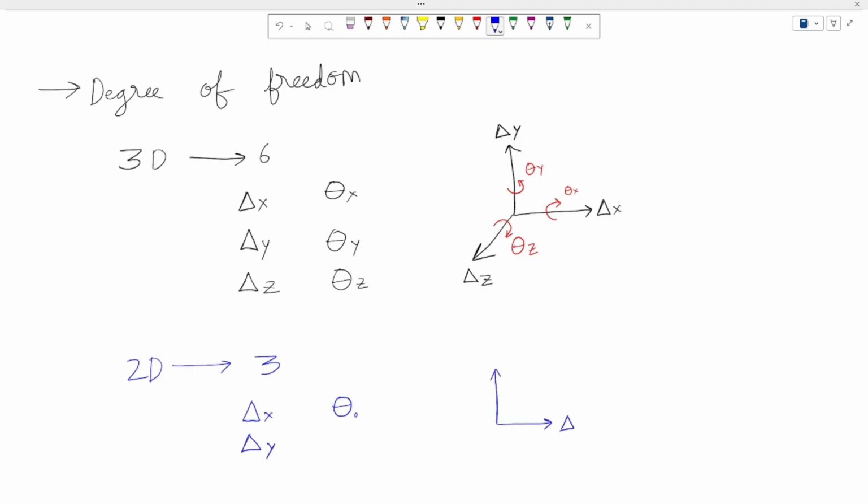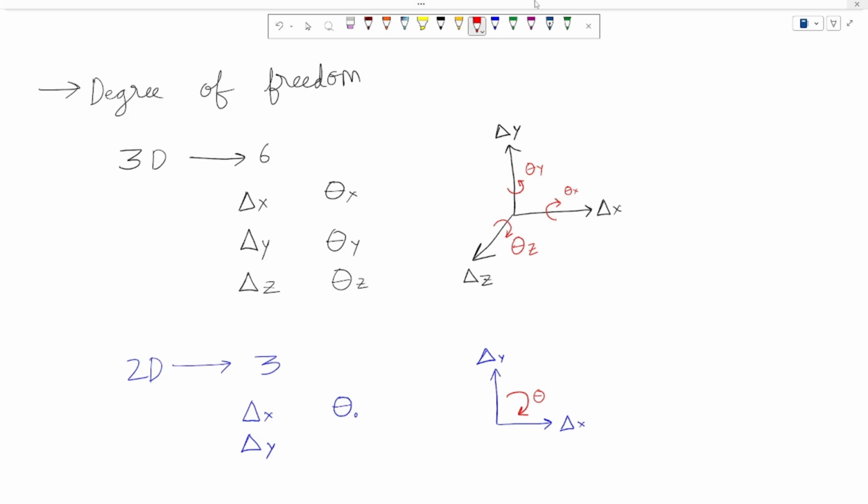This will be your delta x, this will be your delta y, and along this plane any rotation is represented as theta. So in this way, for 2-dimensional structures you have these 3 degrees of freedom.